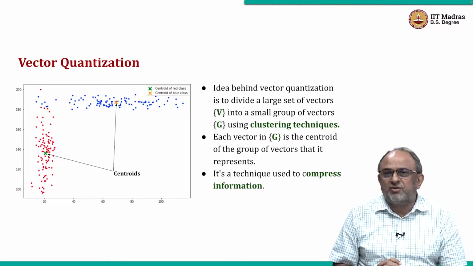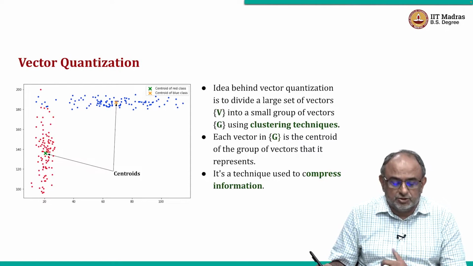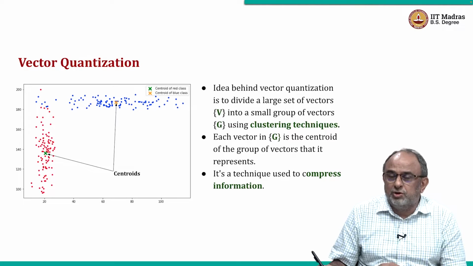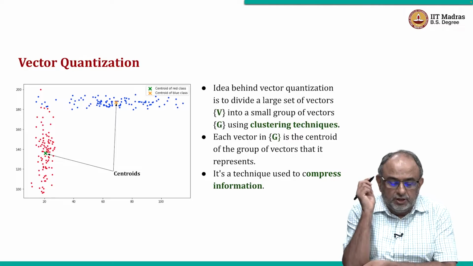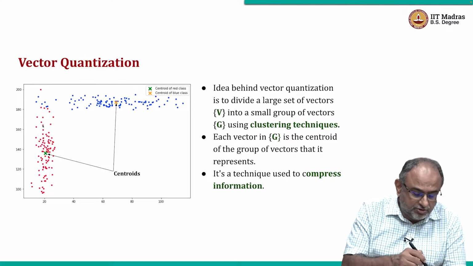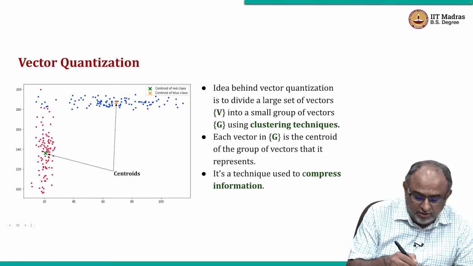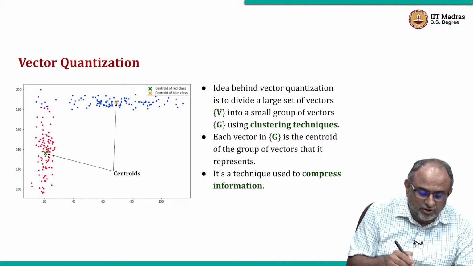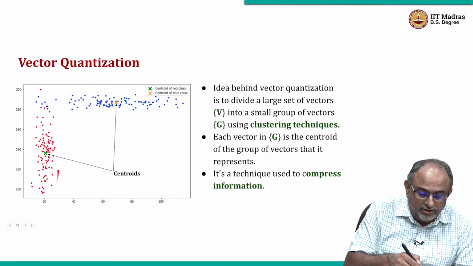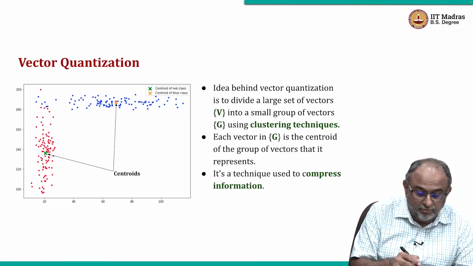So what is this idea of vector quantization? If I have something like heights and weights, this is two-dimensional, so it's a 2D vector. Each point represents a height and a weight measurement. It so happens that there are two distinct populations. One of them seems to be measured as 0 to 100, whatever it is, some variable, and therefore this population has smaller values on the x-axis and also reasonably smaller values on the y-axis.